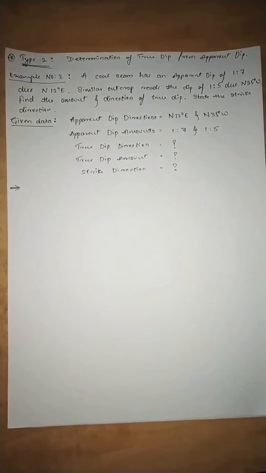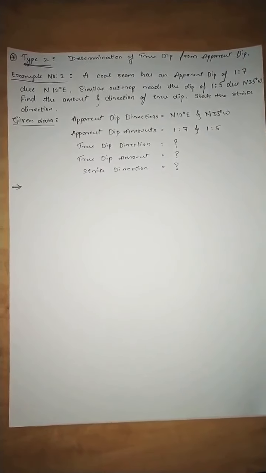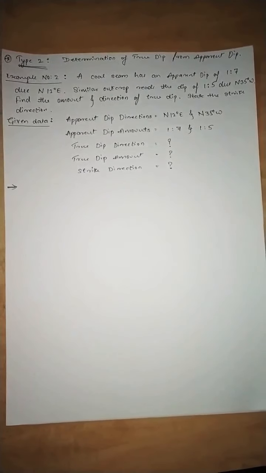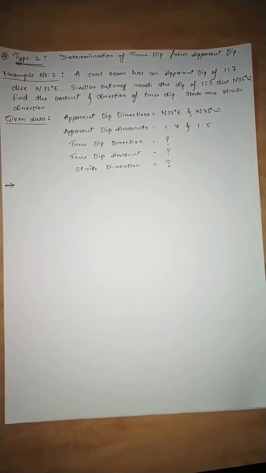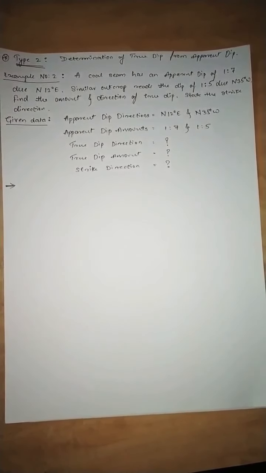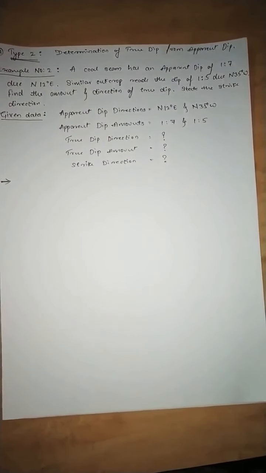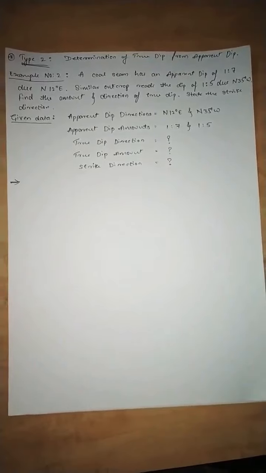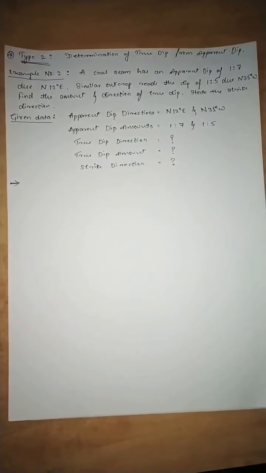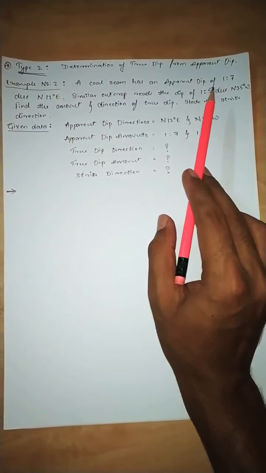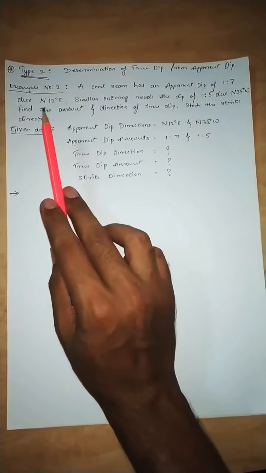Next we will move to the type 2 problems, the determination of true dip from apparent dip, where the apparent dip will be given and the true dip has to be determined.